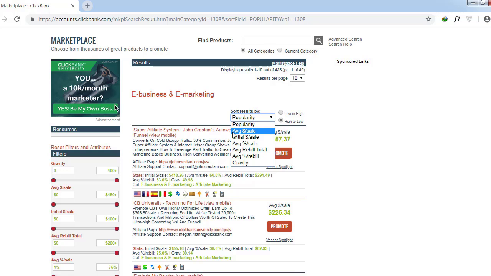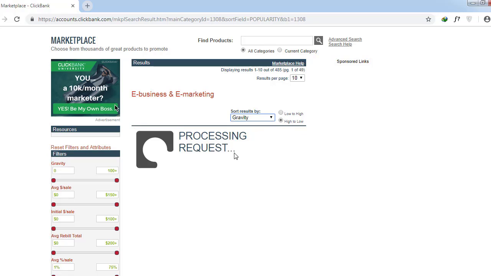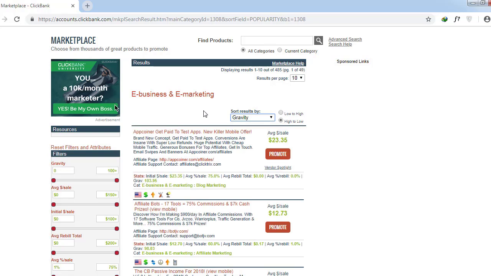Popularity, average dollar per sale, initial dollar per sale, average percentage per sale, average rebill, total average percentage rebill, gravity. Generally people filter by popularity or gravity. However, I like most by gravity. Gravity is actually, you can call it, the total number of affiliates who have sold that particular product in the last 3 months.